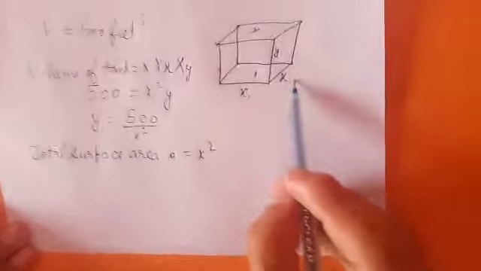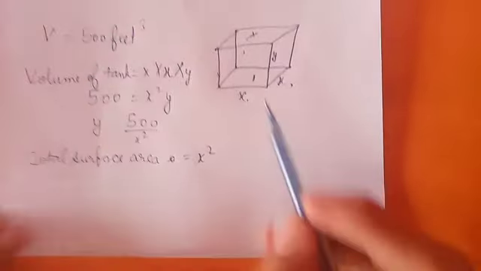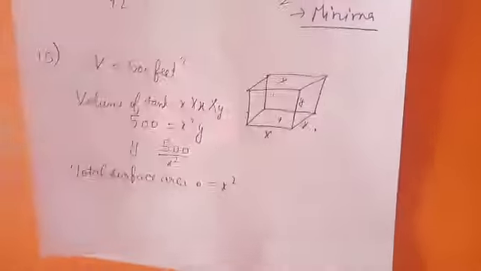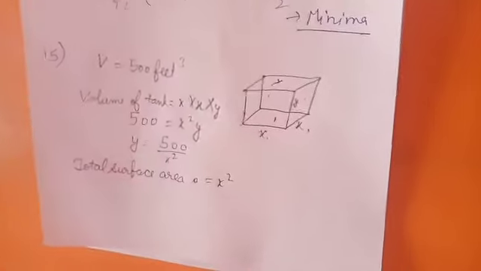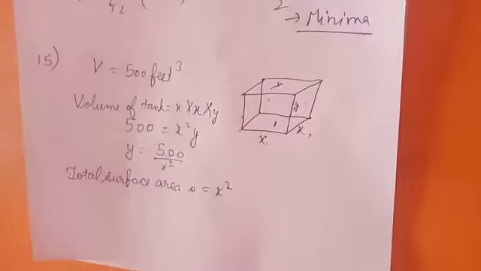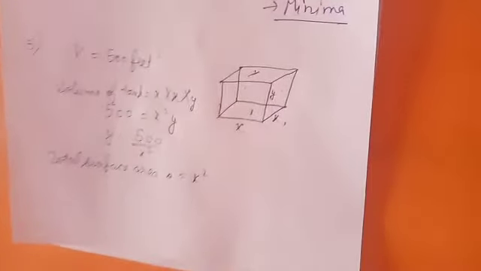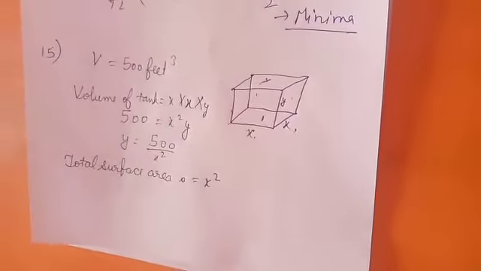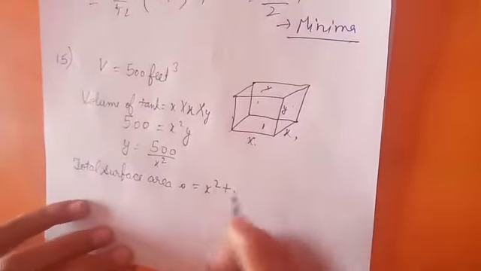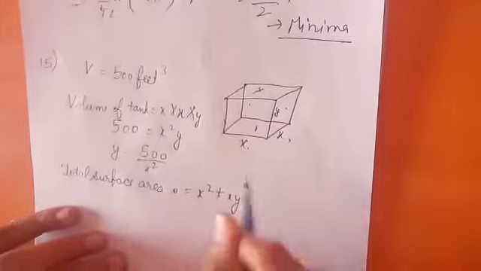Length is also x, breadth is also x, so x square. And of the other four sides, that is on right and left, you can assume that you are sitting in a room, and its length and breadth is the same. Okay, so its surface area will be x square, and the surface area of the wall that is on your right hand side will be xy.